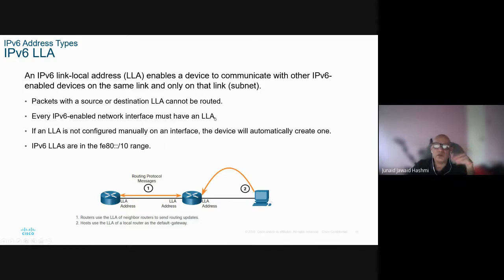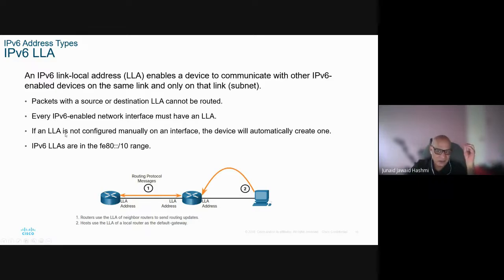Whenever you enable IP version 6, a link local address is generated automatically. Even on your Windows computer, if you type ipconfig /all, you will see a link local address assigned to your interface, which is generated by the Windows operating system.